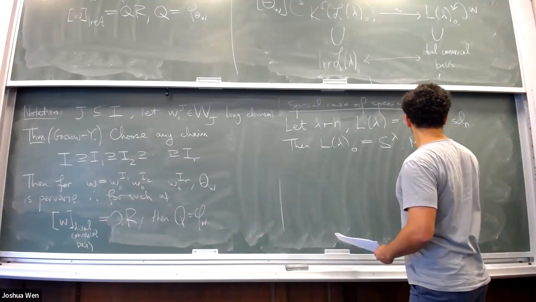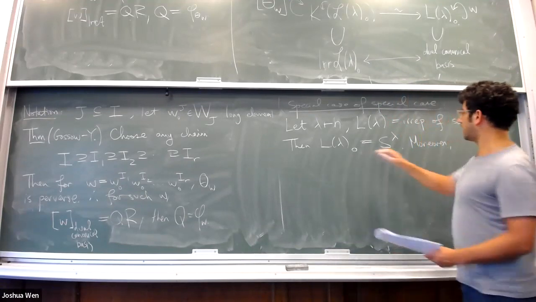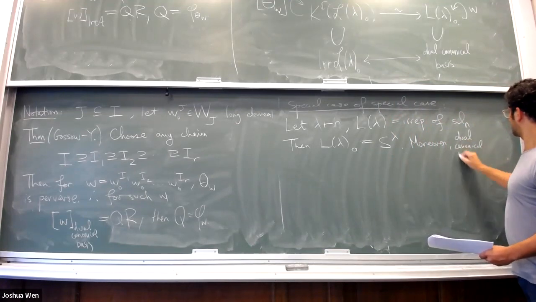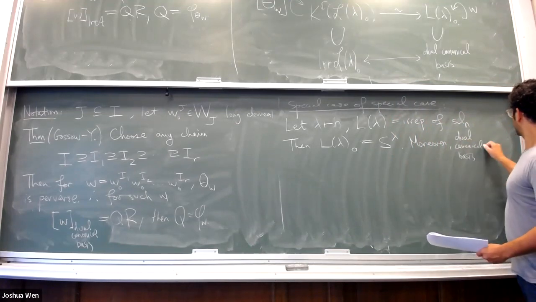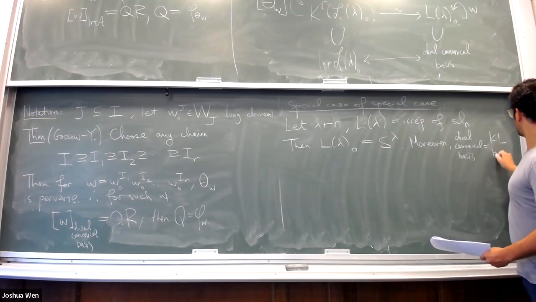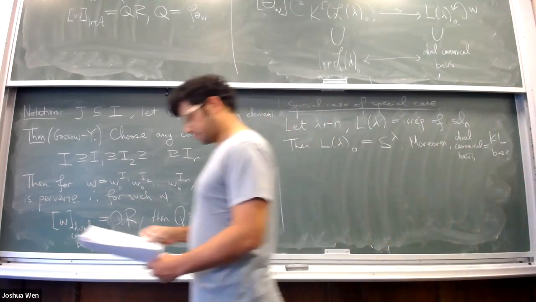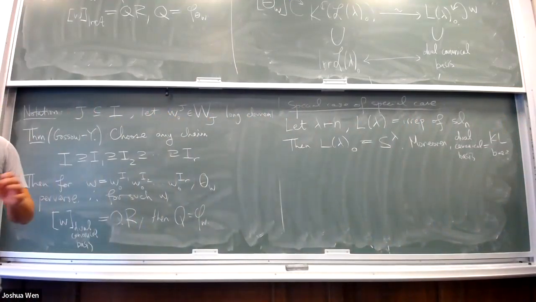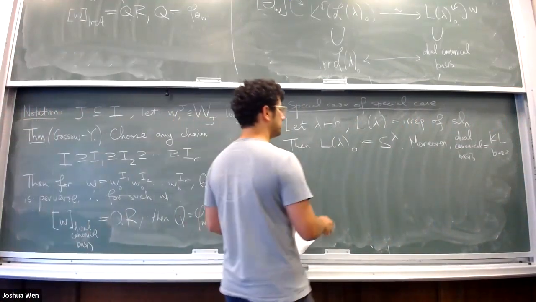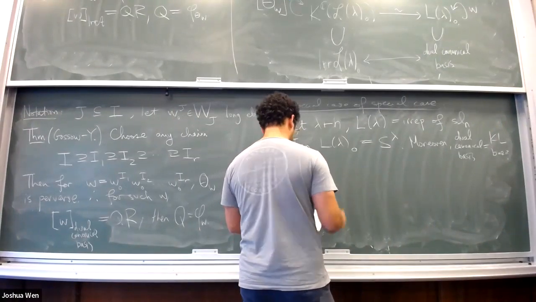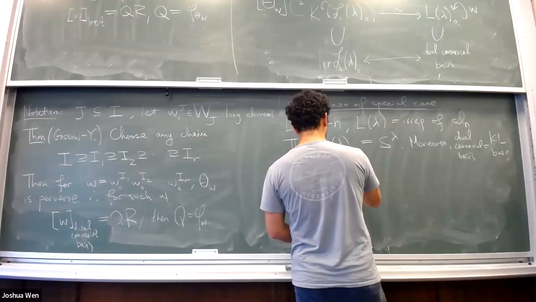Moreover, the dual canonical basis on the left-hand side corresponds to the Kazhdan-Lusztig basis on the right-hand side. And also, moreover, the permutations.